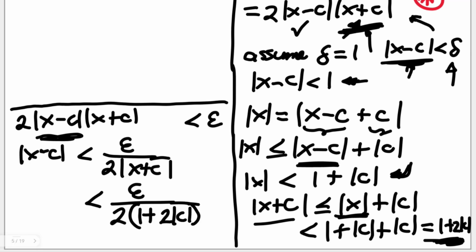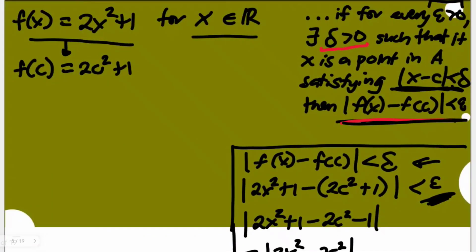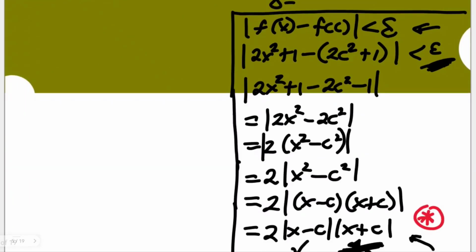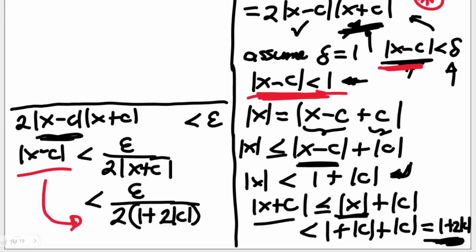The point here is we have two possible values now for our |x - c|. So we have |x - c| is less than 1 and |x - c| is less than this. Why do we need that? Because again, we would like to come up with an expression for delta which is greater than |x - c|. And what are those values? The values are both 1 and this expression, because this represents our delta.